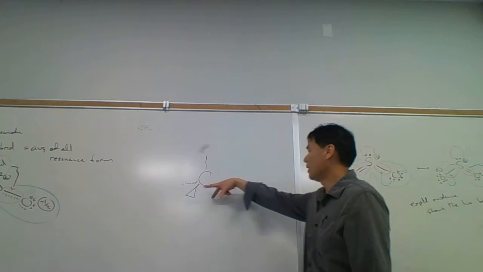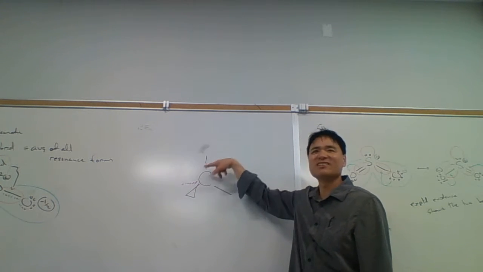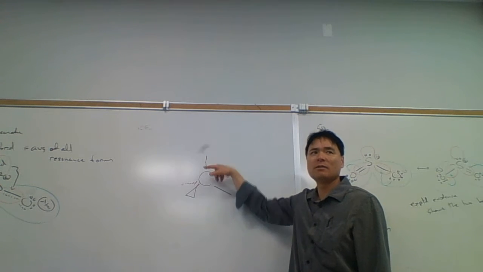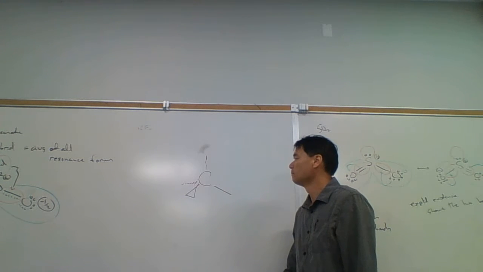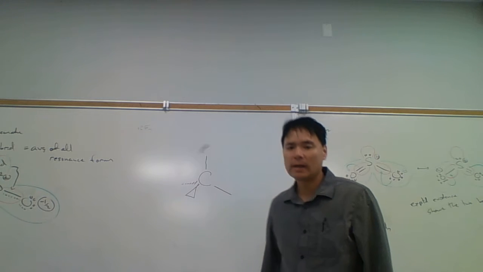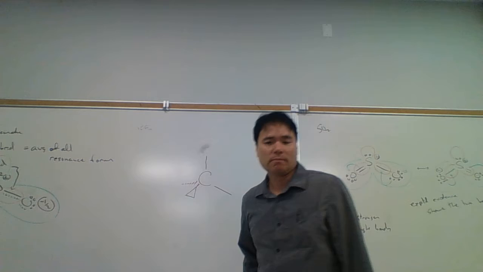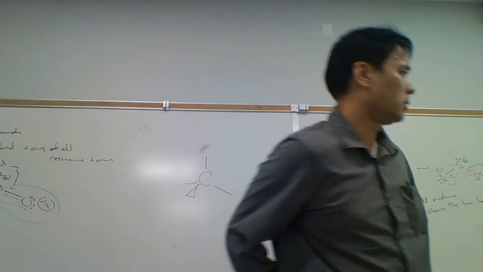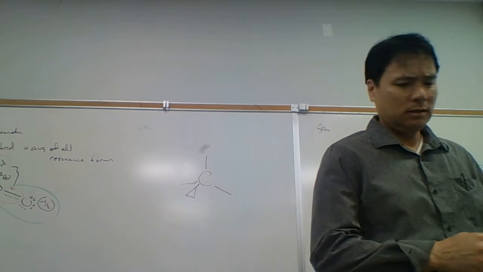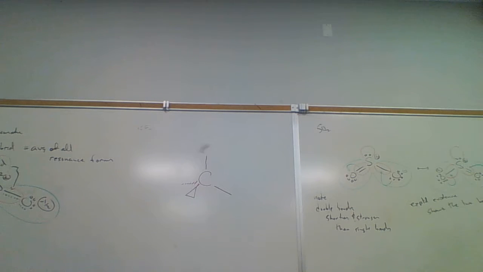It's kind of like a tripod. You have a tripod here, and then one's stuck on the top. So the dash is behind, the dash is going behind the board, into the board. Let's see. Grab my tetrahedral.